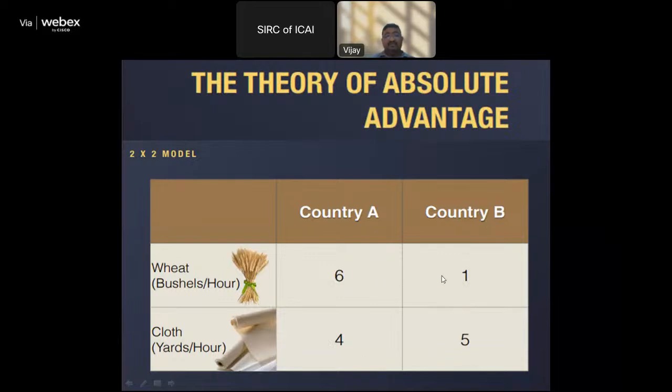So one country has the advantage in one good, and the other country in the other good.